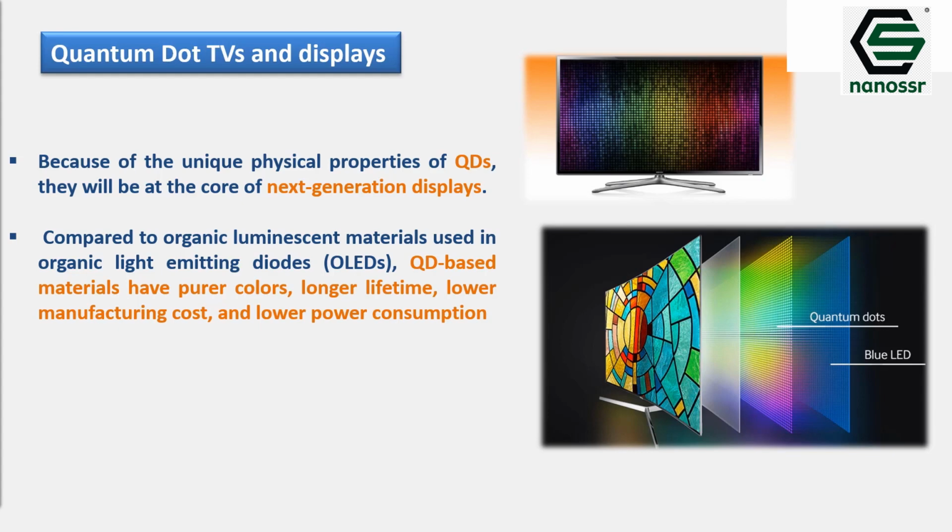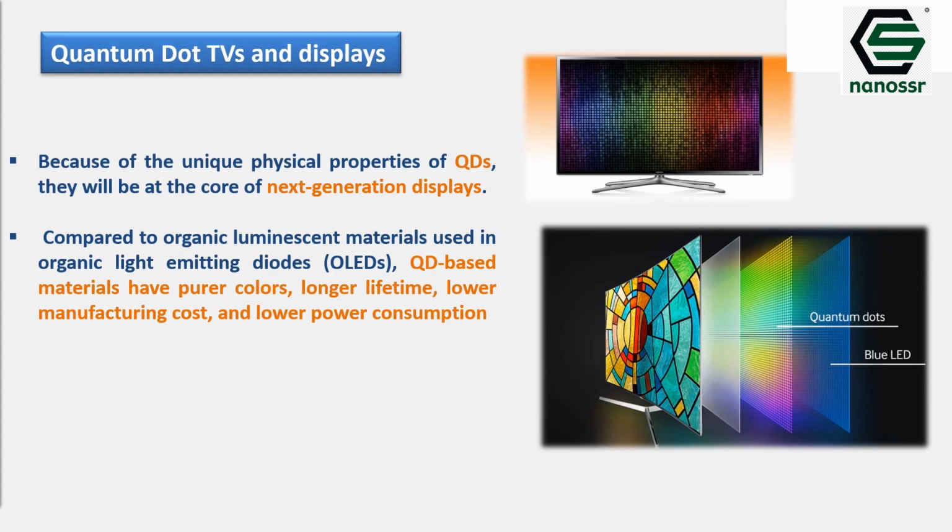Quantum dots, TVs, and displays. The most commonly known use of quantum dots nowadays may be TV screens. Samsung and LG launched their quantum dot LED TVs in 2015, and a few other companies followed not long after. Quantum dots, because of their unique physical properties, will be at the core of next generation displays.